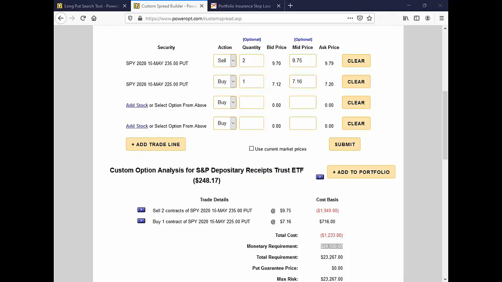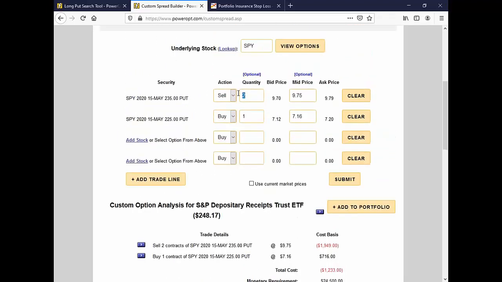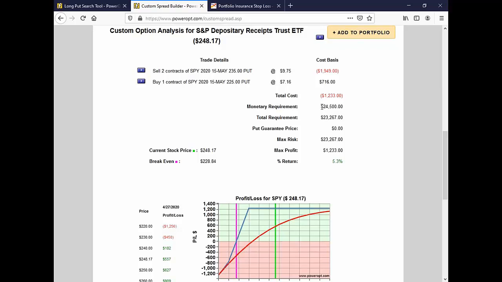as would any standard ratio spread, because you end up with a naked position. If I did this with calls, the ratio spread you saw in the webinar, one of these is naked. That requires the highest margin, $24,000. I have to cover, A, the spread of the bull put credit spread.